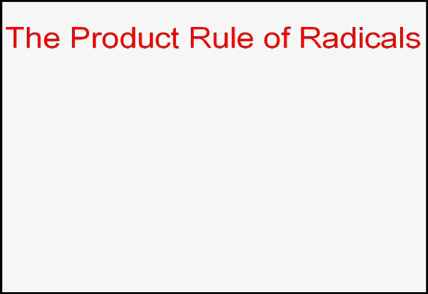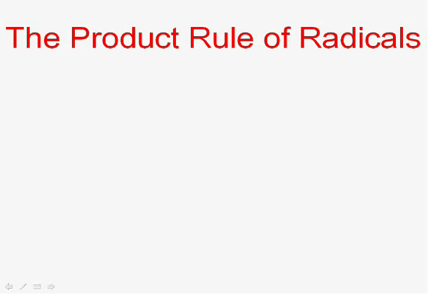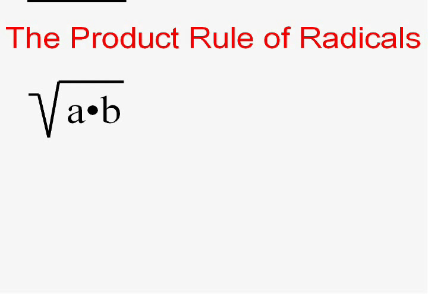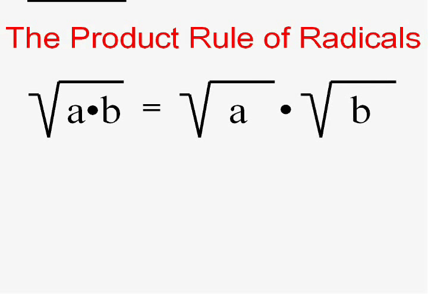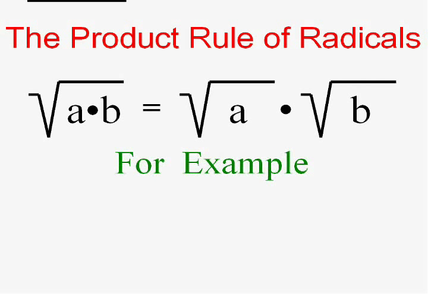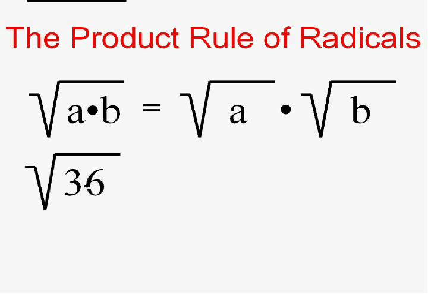We're going to be using what we call the product rule of radicals to simplify these radicals. Since the word product infers multiplication, I'll bet you the product rule is just what you think it might be. The rule is that the square root of two numbers multiplied equals the square root of one of them times the square root of the other one. For instance, consider the square root of 36.